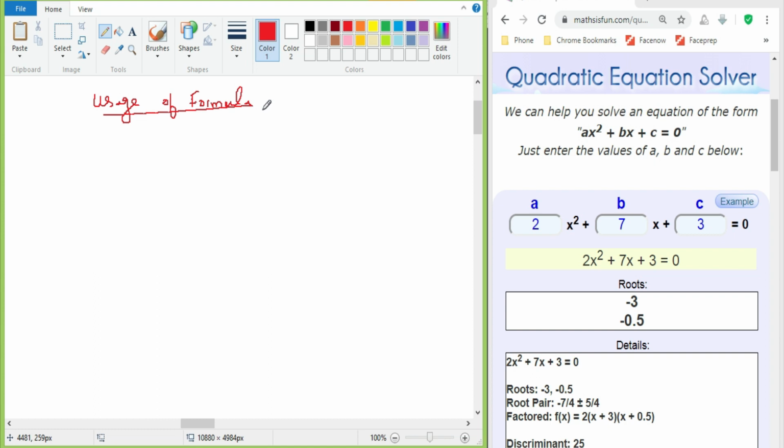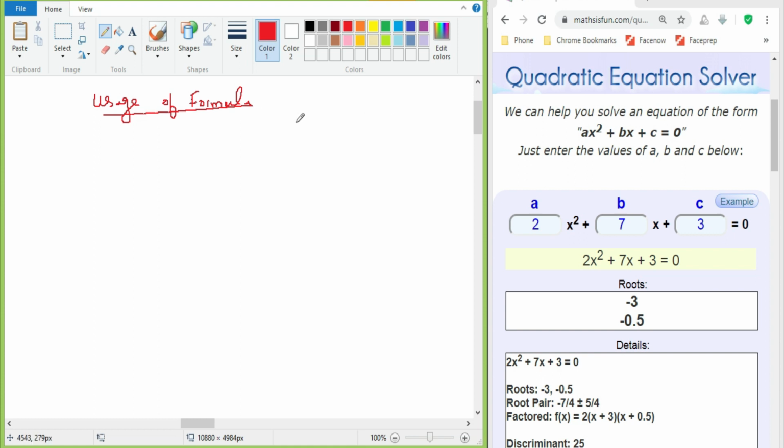So we all know that the formula is x is equal to minus b plus or minus root of b square minus 4ac divided by 2a. But if you're going to use that, that will take a long time to answer. So that will be again a time consuming one. So I just want you guys to try it on your own, how much time it will take to answer it. Then I'll let you know what is the next method so that we can compare the methods.